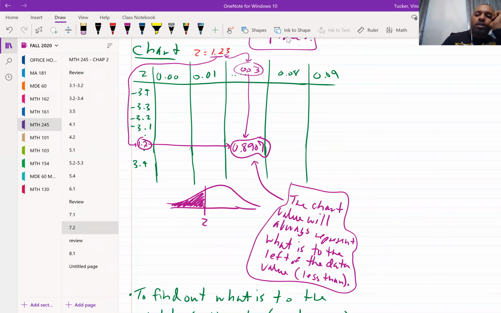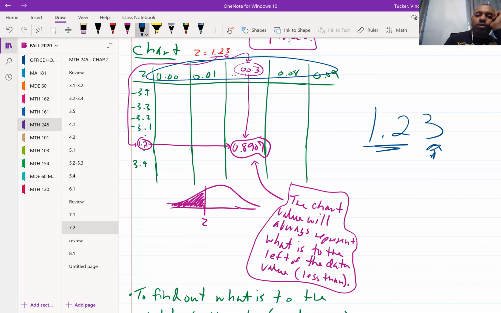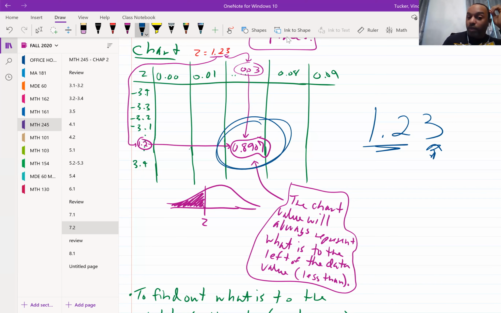So once again, 1.23, that 1.2 will be on this column over here, and this 0.03 would be on this top row. And so you go to the chart and see where they meet, and that's the value you'll pull from the chart. All right, so let me go pull up the actual chart while you guys are looking at that.